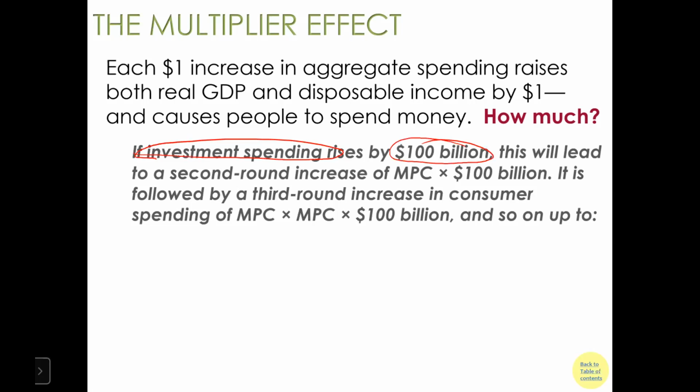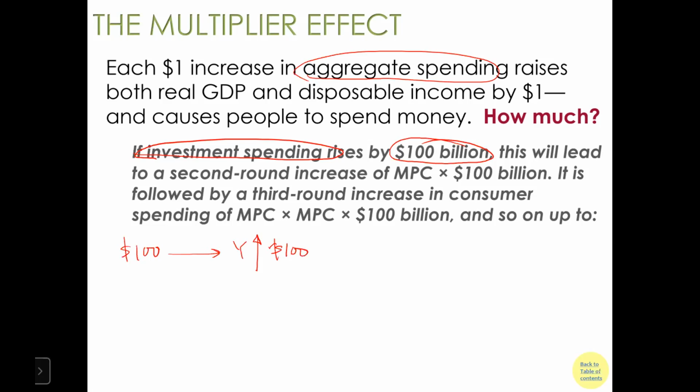And here, we are going to exclusively look at the impact on aggregate spending. All right, so what happens? This $100 billion goes to the hands of households. So households' disposable income, called Y, is going to increase by exactly 100 billion.